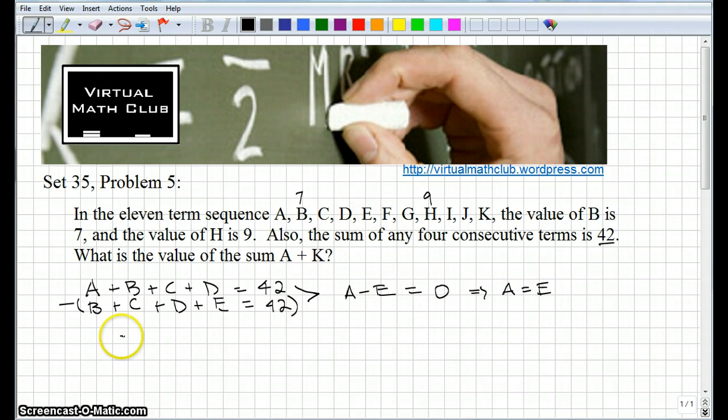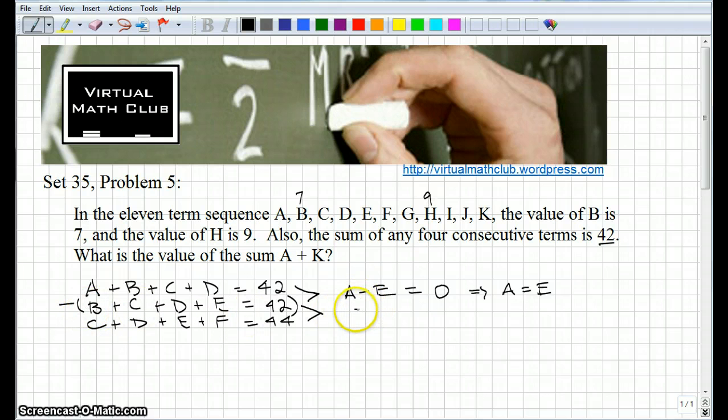Let's look at the next set of 4 consecutive terms. We have C plus D plus E plus F, and we know that should also equal 42. If we take the difference of these two equations, you can see again that C minus C is 0, D minus D is 0, E minus E is 0. I've already put a negative sign on the top one, so I'll subtract this bottom one from the one I've already negated.